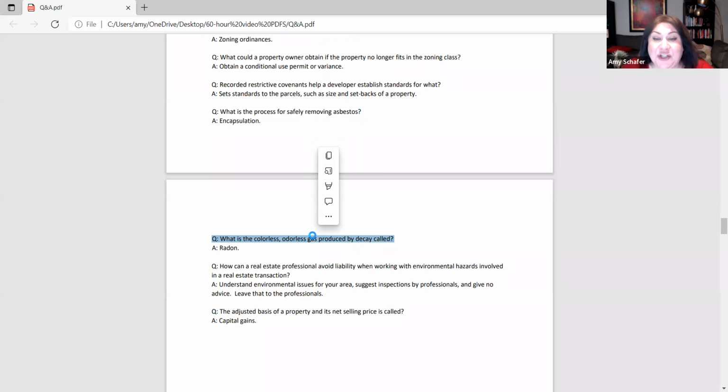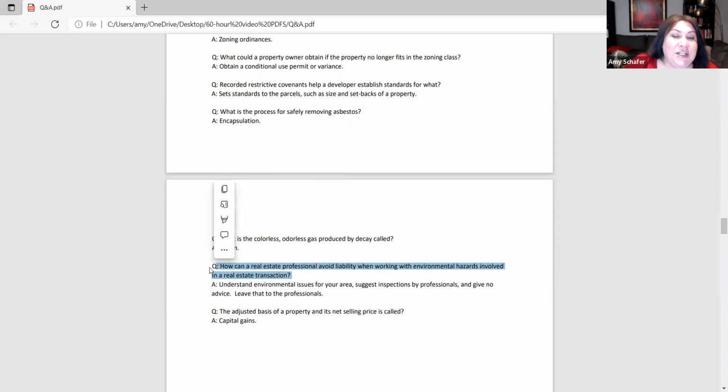How does an agent avoid liability, but also help counsel their buyers about issues related to property condition? The best way to do this is understand different elements of the property that could affect it, such as radon and asbestos, maybe even lead-based paint.